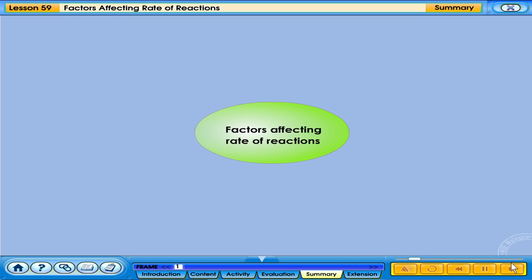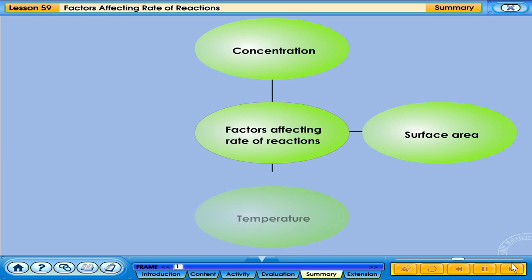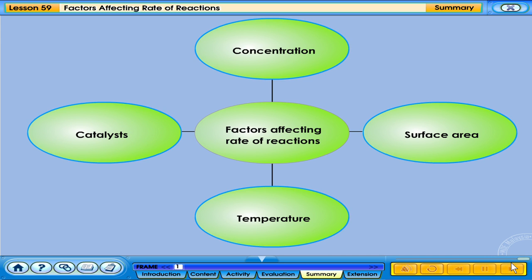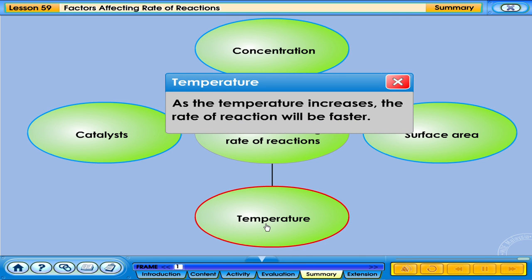Factors affecting rate of reactions are concentration, surface area, temperature, and catalyst. Click on the respective area to know more about it. As the temperature increases, the rate of reaction will be faster.